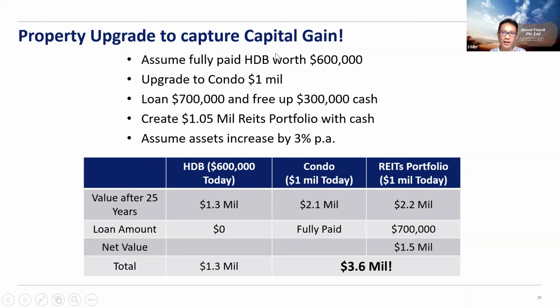So you can think about it. Number one, if I upgrade now, my income alone can cover the mortgage already. I just want to paint a scenario that even if I don't want to use my cash income, I can actually cover the mortgage.